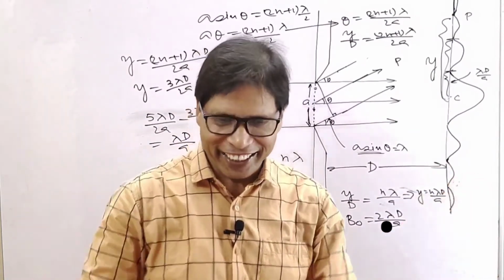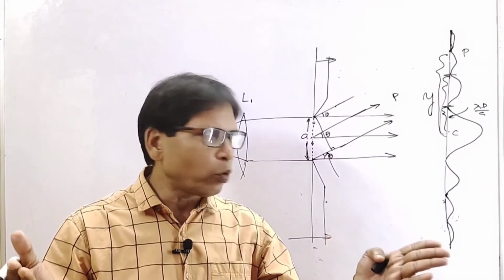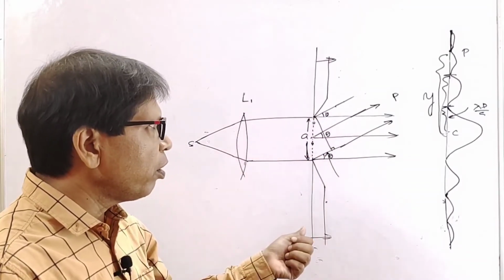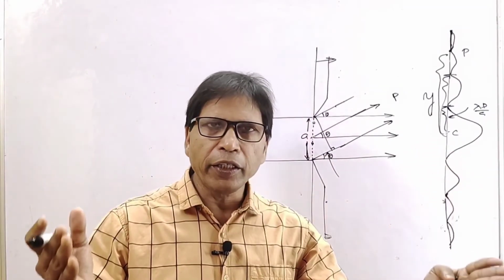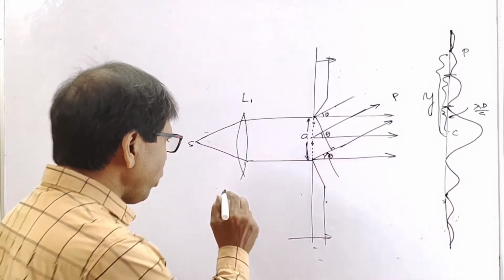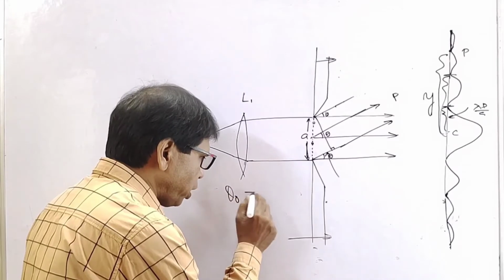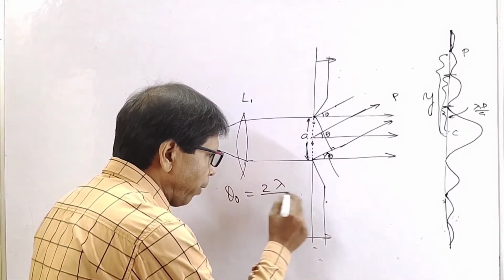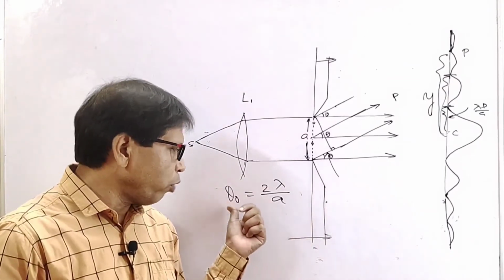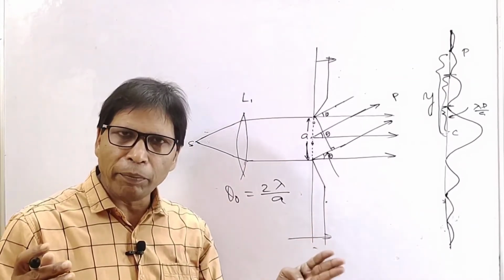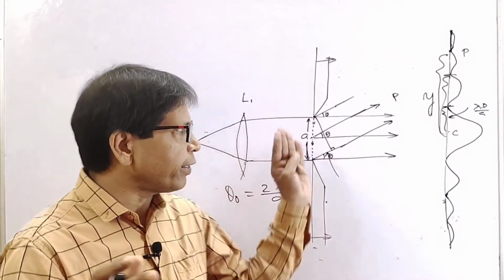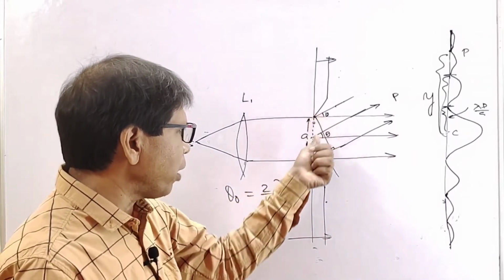Okay, now next. An important question: if the width of the slit becomes half, what will be the intensity of the central maximum? The angular width of the central maximum theta naught equals 2 lambda by a. When a becomes half, the angular width of the central maximum becomes double, and the amount of light energy falling on the screen simultaneously becomes half.